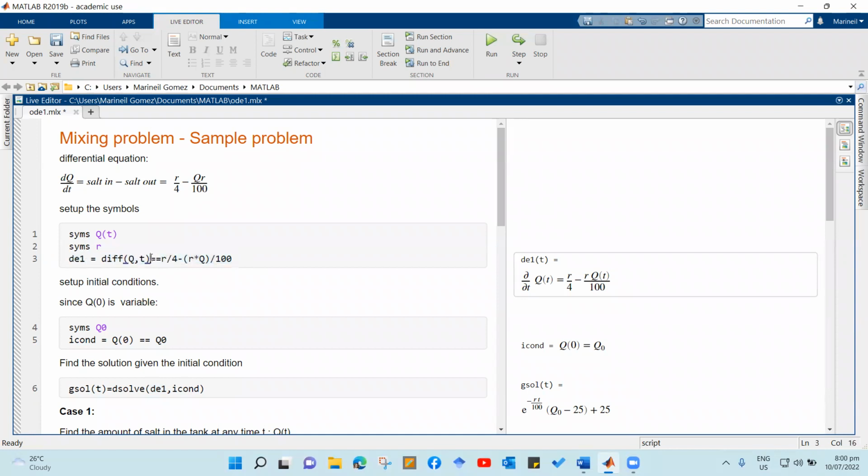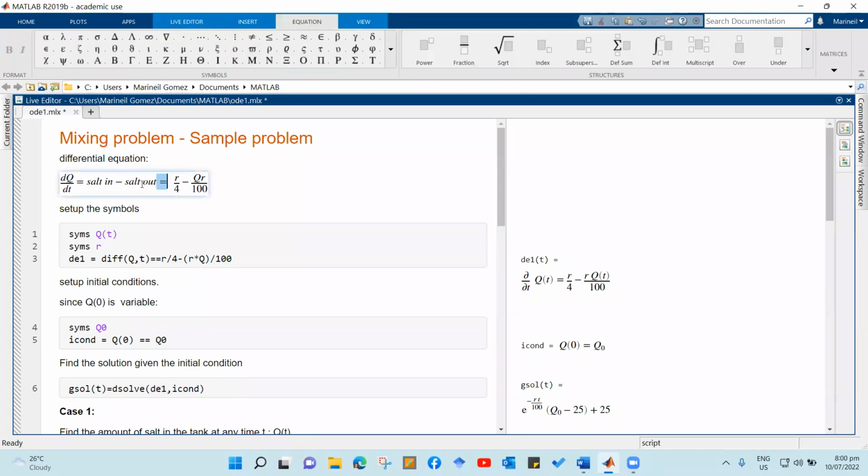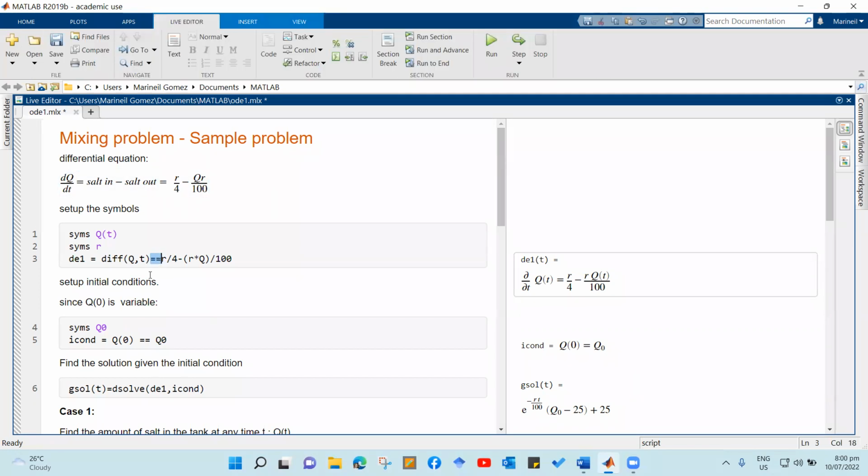Now, this double equal sign, on the other hand, designates that the left side has the same value as the right side in our actual equation. So it's, loosely considered, a symbolic version of an equal sign.